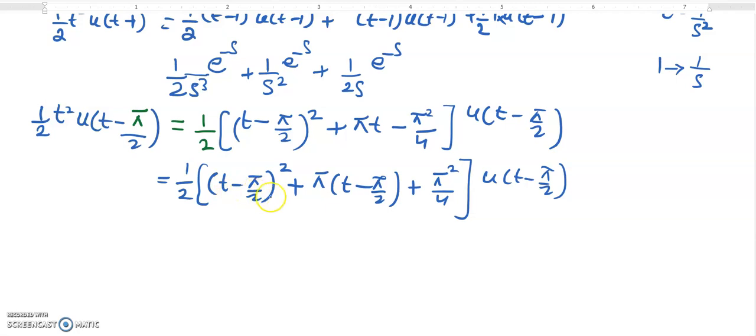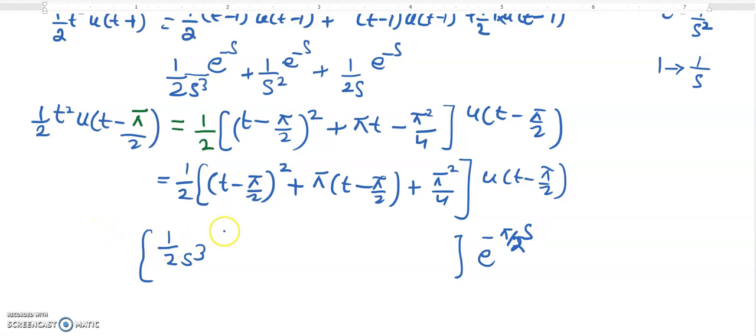So t minus pi by 2 into u(t minus pi by 2), so this is t squared. For t squared we have this one over s cubed. Okay, and then for this it should be e power minus pi s by 2.